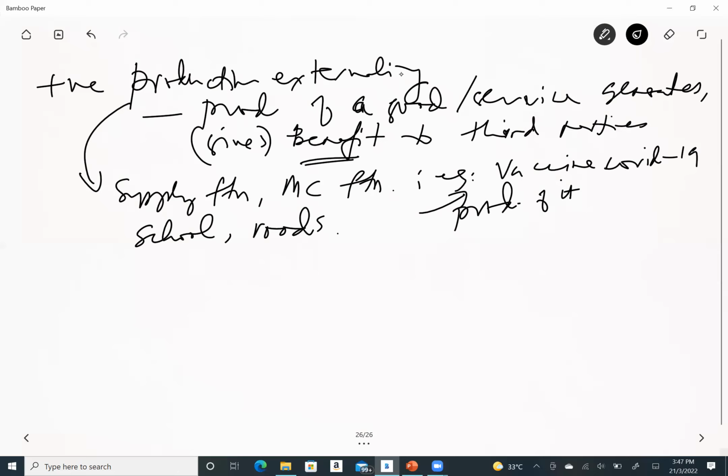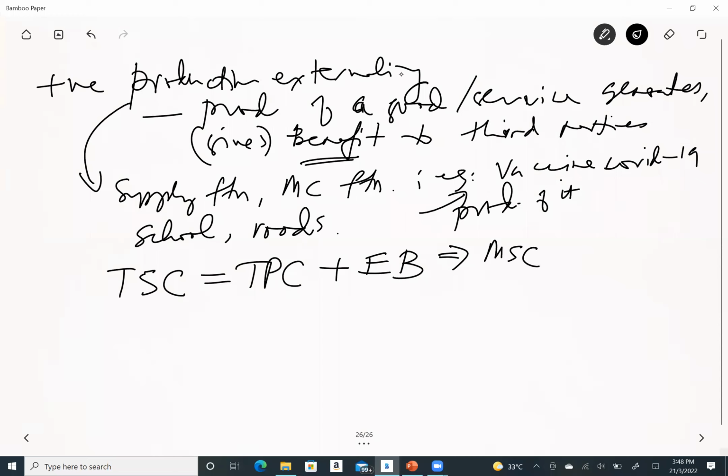Therefore, our total social cost will be equal to the total private cost plus some external benefit. In marginal terms, marginal social cost equals marginal cost plus marginal external benefit.